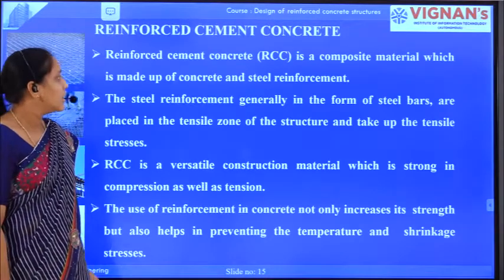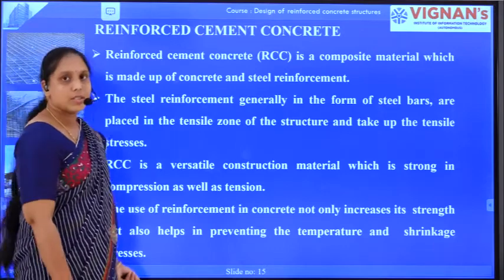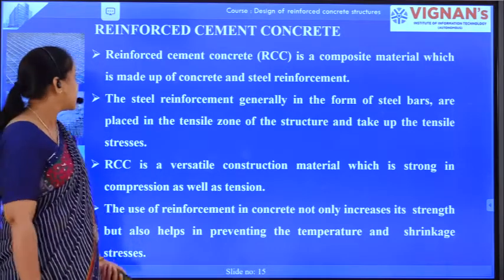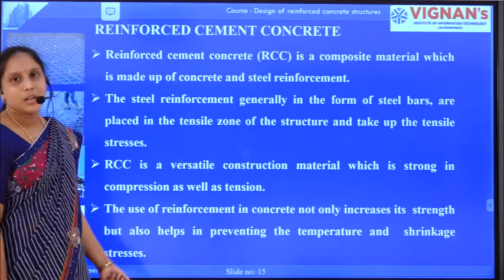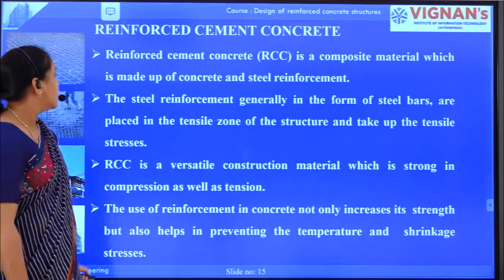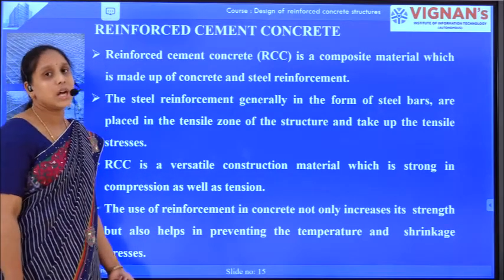Now, let us see the definition of RCC. RCC is a composite material which is made up of concrete and steel reinforcement. So, how is steel generally used in RCC?